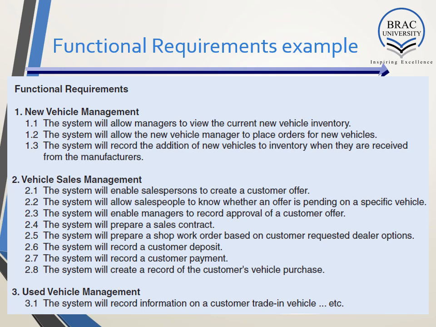So we are doing this for a vehicle management system, and the manager can view the current new vehicles, or see what the orders are and who sent the orders. Also, if a new vehicle is added to the inventory, there must be some option for adding a new vehicle. That is from the new vehicle management part.